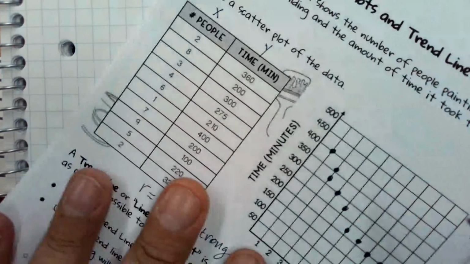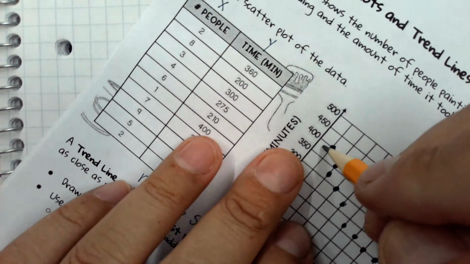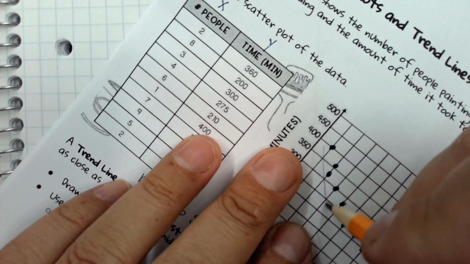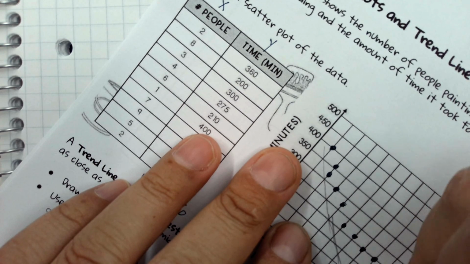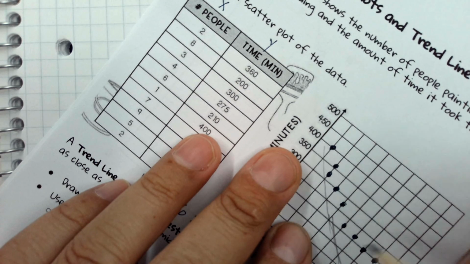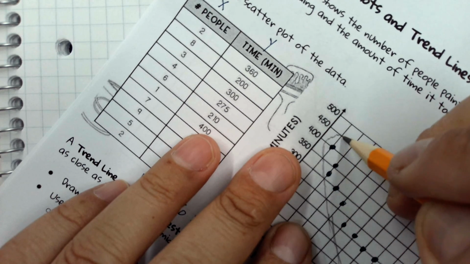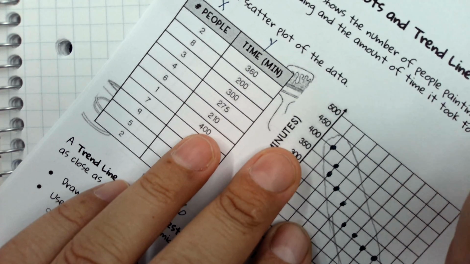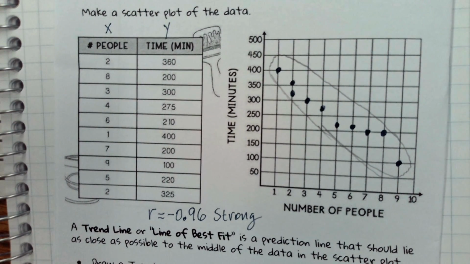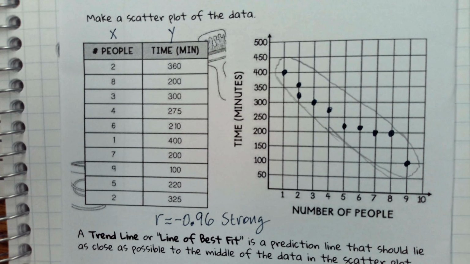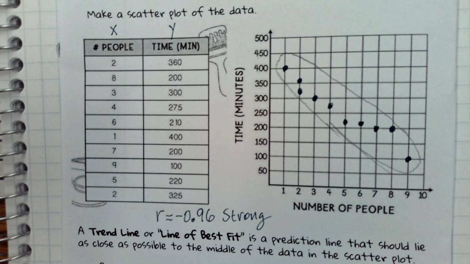Okay, and then one way to do this is you try to just make an oval. It's not very scientific, but it actually works. You try to make an oval around your data. You see what I did? And then if you need a ruler, I'll pass them out right now.